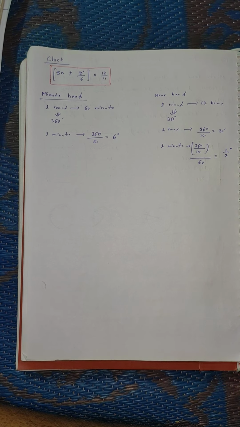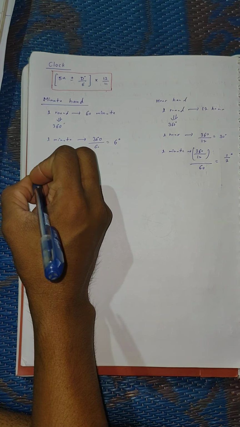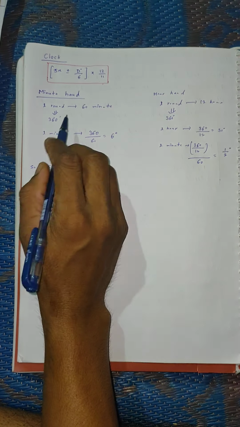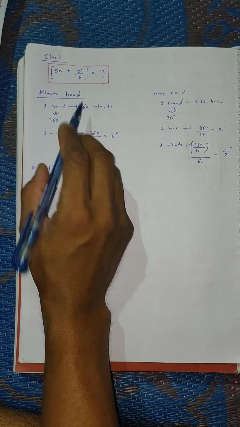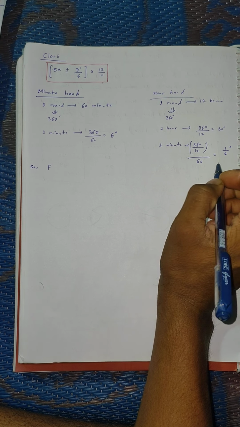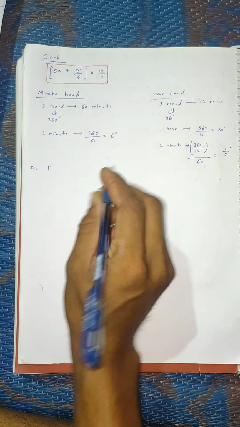Okay, so in 1 minute angle made by minute hand is equal to 6 degree, and in 1 minute angle made by hour hand is equal to 1 by 2 degree.